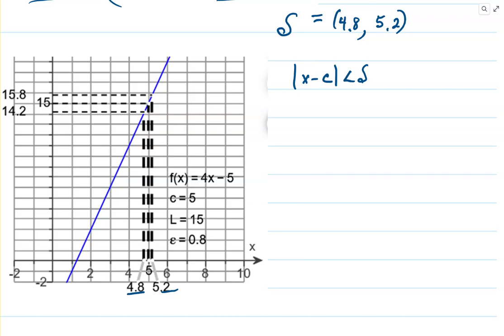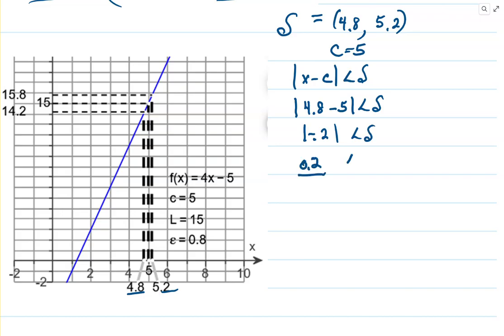Okay. And our c is what value? 5. Is everybody good? Alrighty then. So I'm going to have the 4 8/10 minus the 5 has to be less than delta. That's going to be the absolute value of negative 2/10, isn't it? Which makes it 2/10.